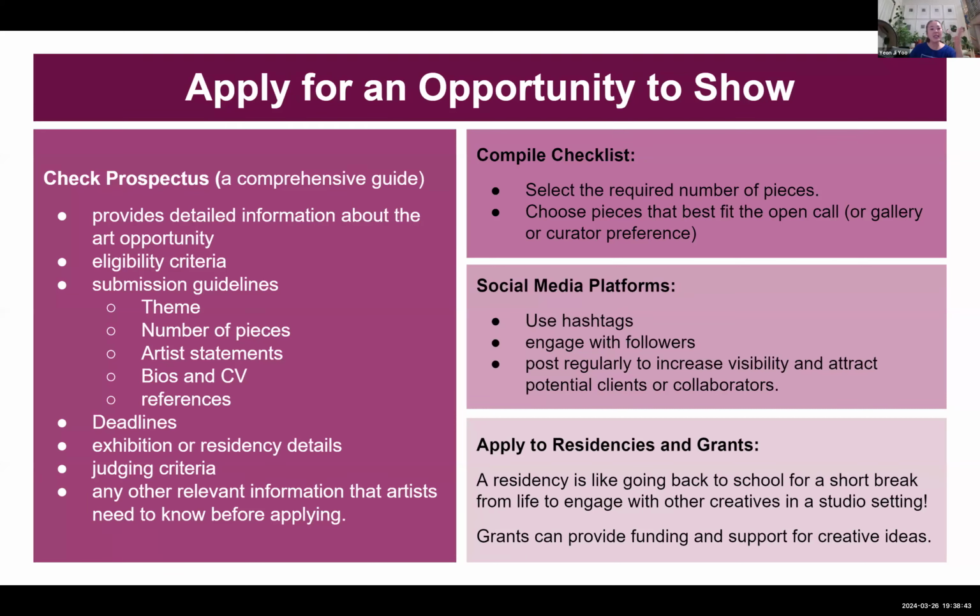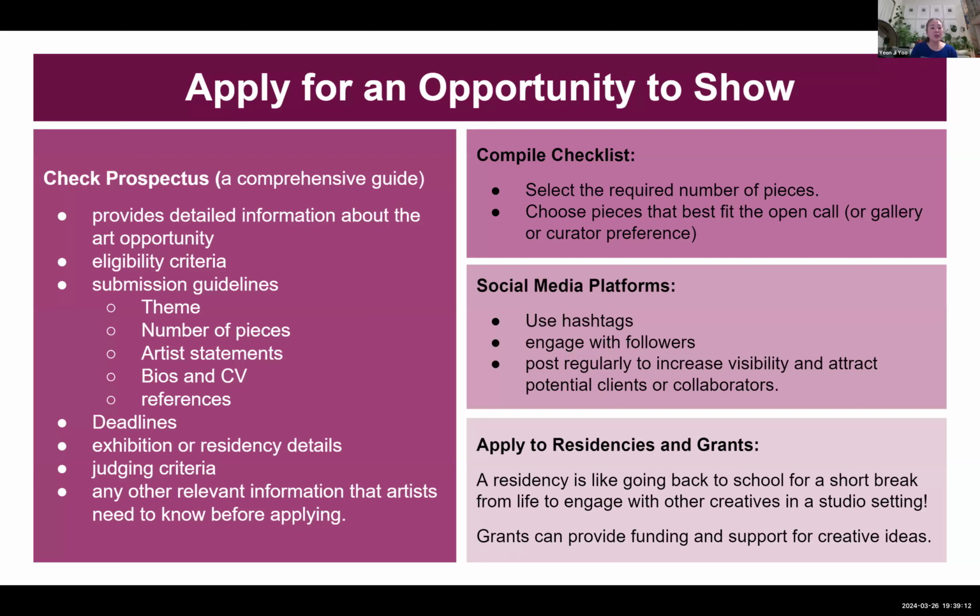And it's basically a comprehensive guide to everything that you will need to submit to the show, but also what the deadlines are, eligibility, like some shows are only for people under 40 or whatever. I don't know why, but depending on what they're trying to do in that exhibition, there's a lot of different criteria. So you might want to look at that.